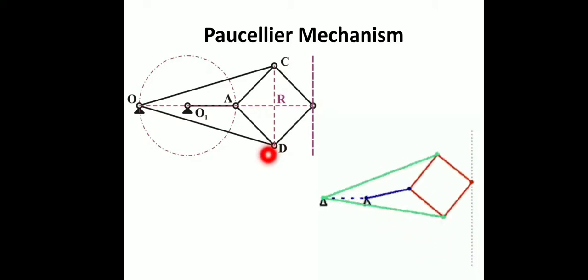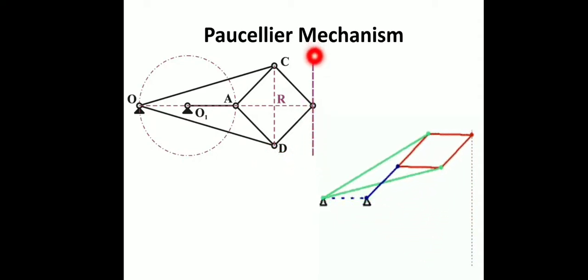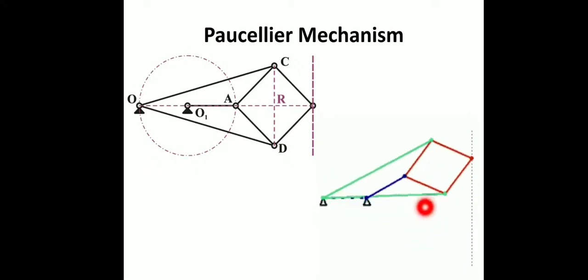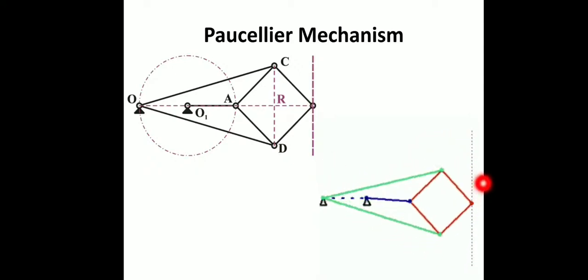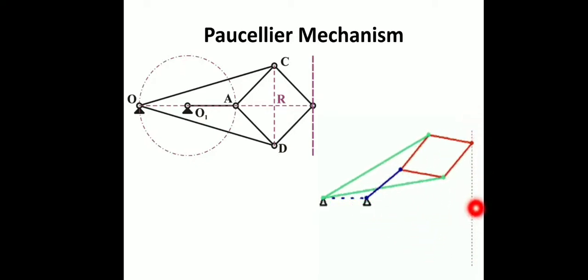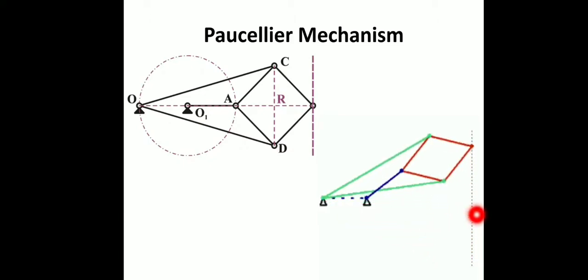These are the main parameters required for a peculiar mechanism. Then the point B will trace a point in a straight line. You can see an animation of the peculiar mechanism. The point B is tracing the straight line during all motions of the mechanism.